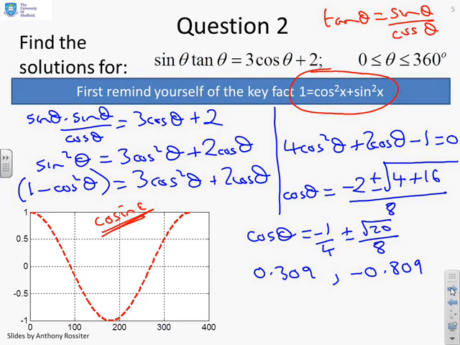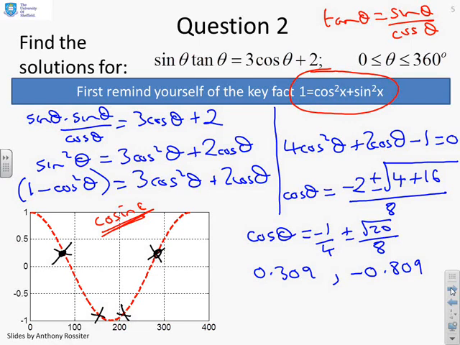So if I look at 0.309, that's going to give me a solution somewhere around here and somewhere around here. So there's two possible solutions. And if I look at minus 0.809, you can see I've got a solution here and a solution here. So there's going to be 4 possible solutions that I'm looking for here.